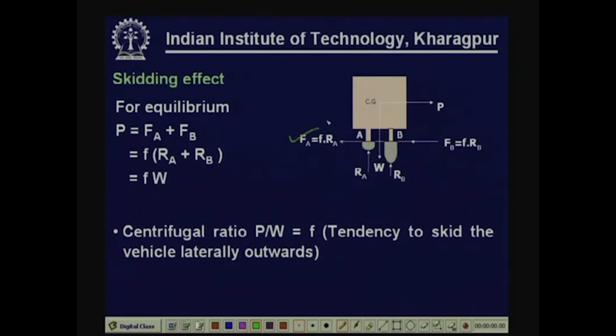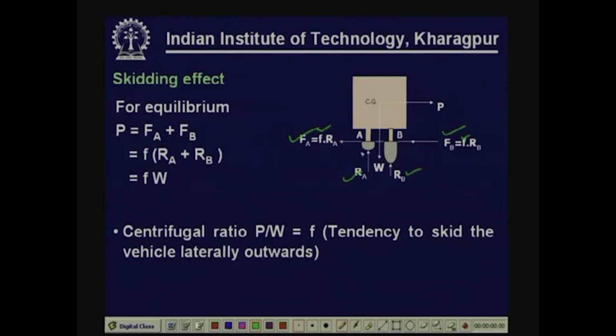F A and F B. Now, F A and F B is nothing but the coefficient of friction, this is in the lateral direction, that is small f, multiplied by reaction R A and R B correspondingly.